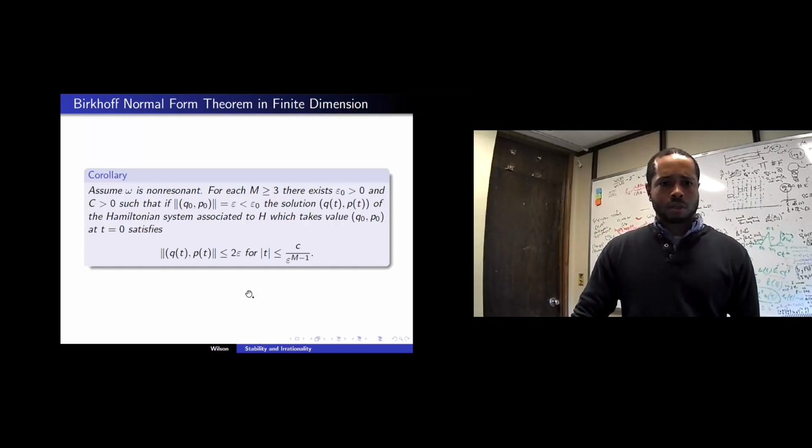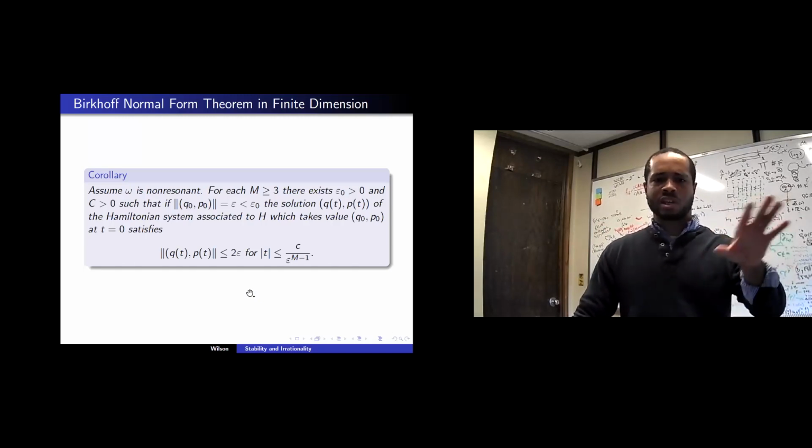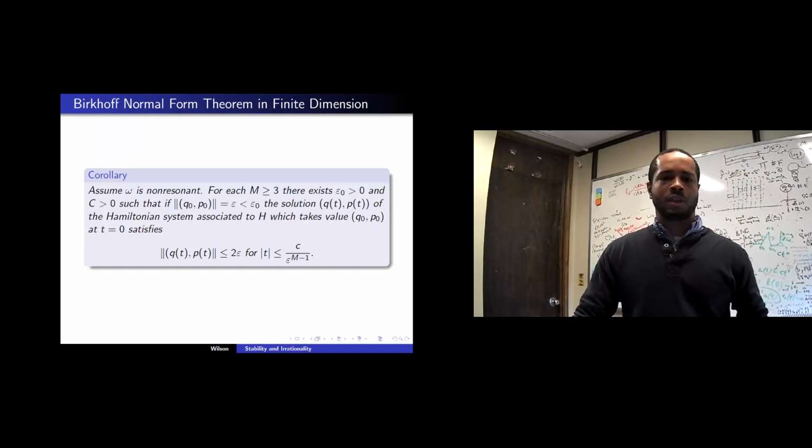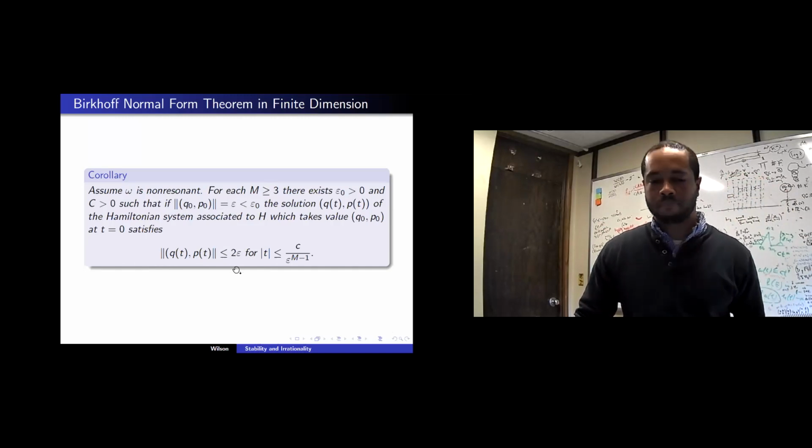This is more or less formal, but it says essentially that if your omega is non-resonant, you can say very nice things about the dynamics. If you start off very close to 0, then after a long time, you will still be very close to 0. And if you take higher and higher order normalizations, you can say that it's close to 0 for a longer and longer time.